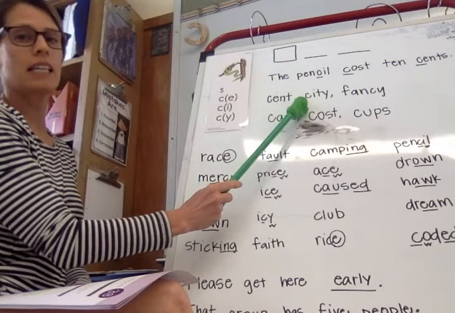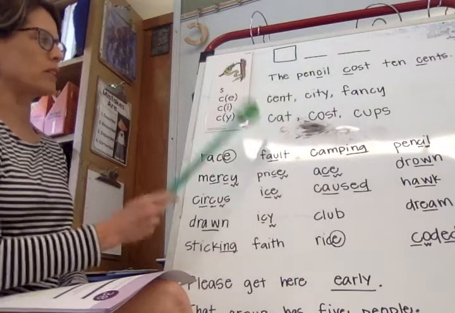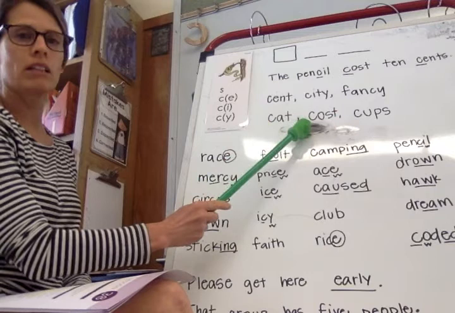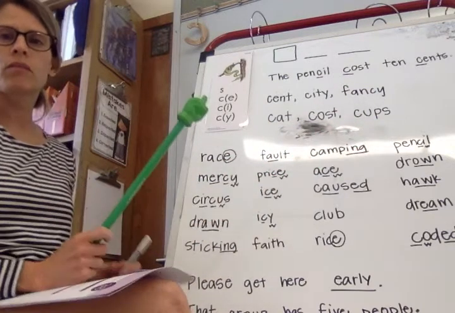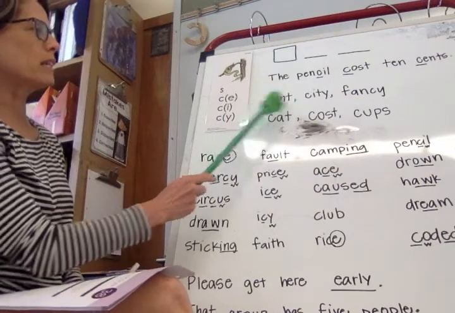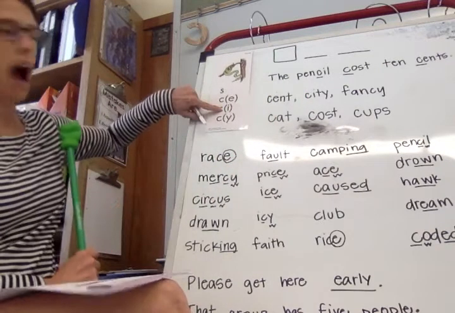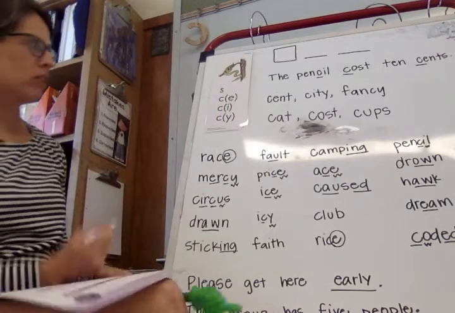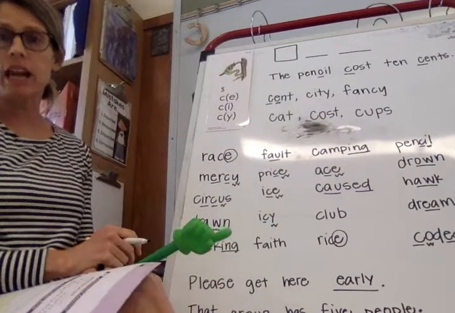Cent, city, and fancy. Let's take a look at these. So when we see a C and it has an E, an I, or a Y after it. So here's my C with an E after it.